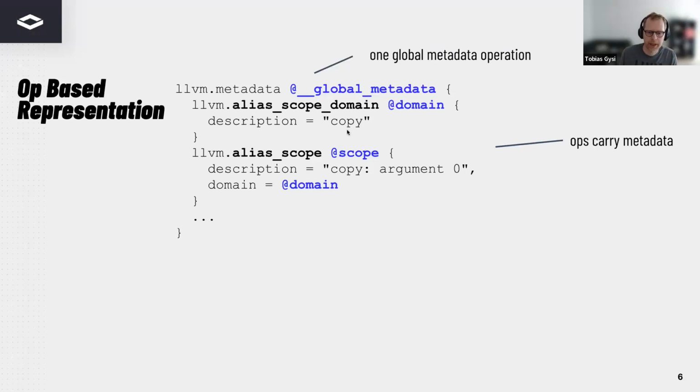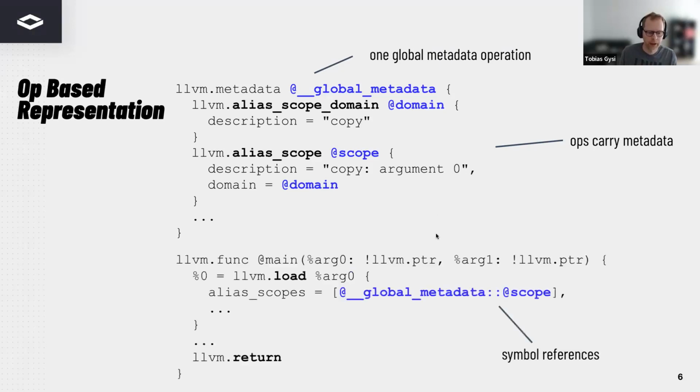So you see here again the copy and copy argument, and we have a scope and an alias scope. The idea here is that we connect these things using symbols, and we also use a symbol in the actual code to reference the metadata.